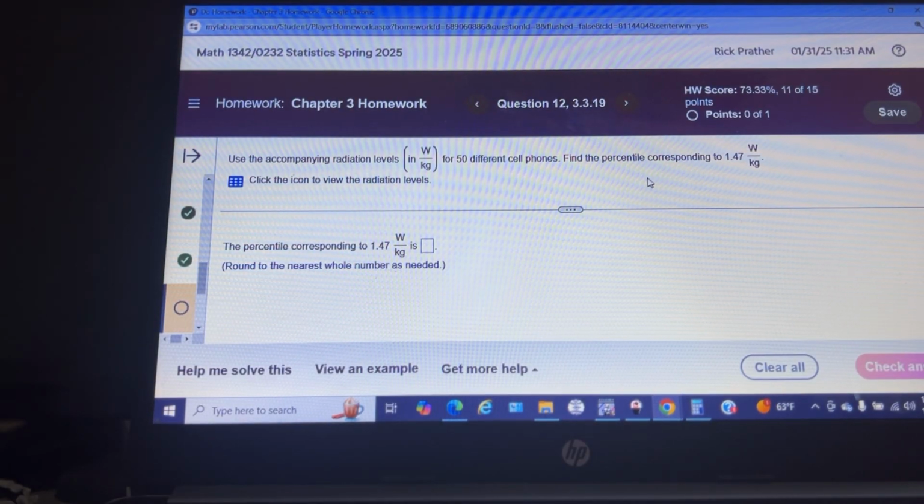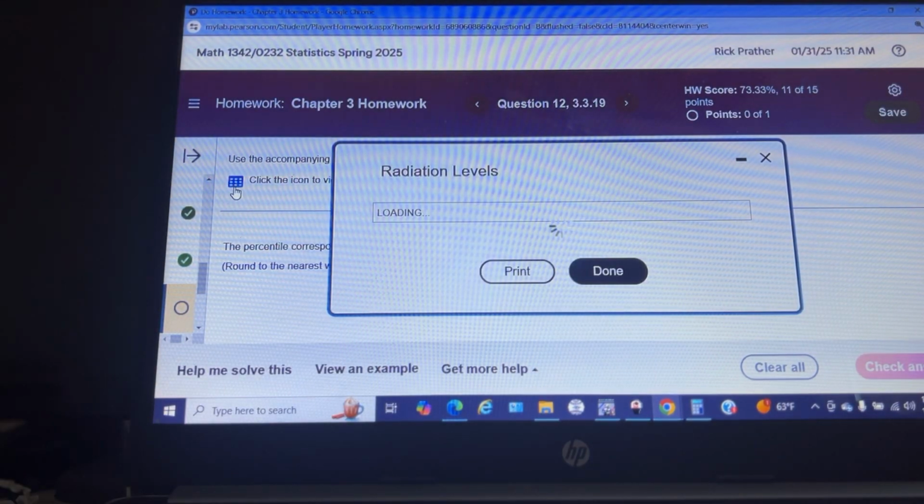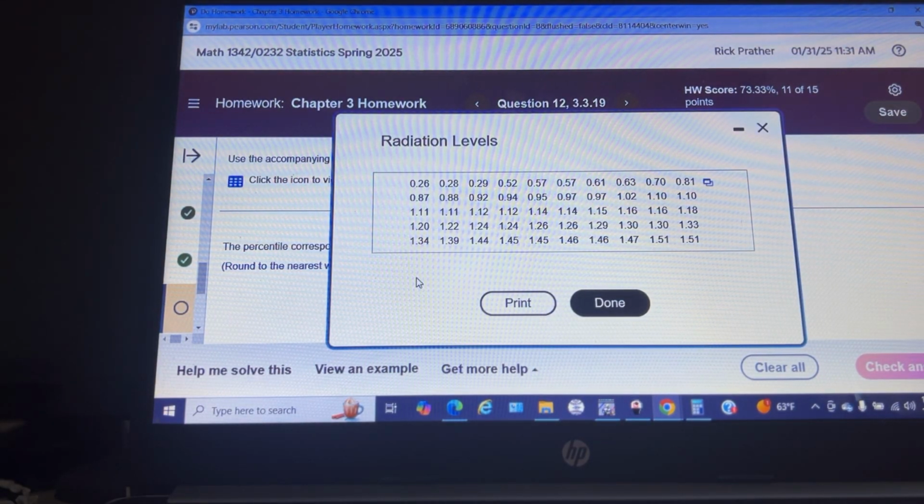So somebody got a score of 1.47, or maybe it's not even people, but 50 different cell phones. So the sample size is clearly 50. Some phone got a 1.47. Click this icon to see all the radiation levels. Luckily, these are in order already. So here's the 1.47 way at the bottom.